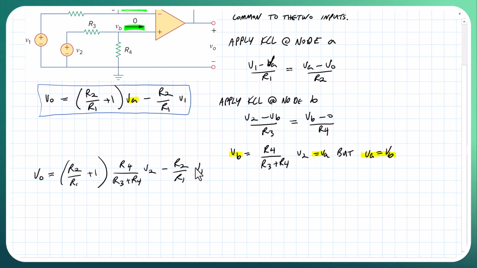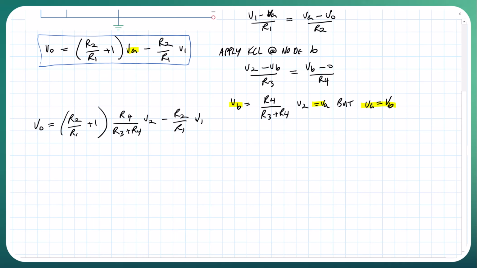We can rearrange this a little bit more and rewrite it as V naught equals R2 times 1 plus R1 over R2, over R1 times 1 plus R3 over R4, all that times V2, minus R2 over R1 times V1.